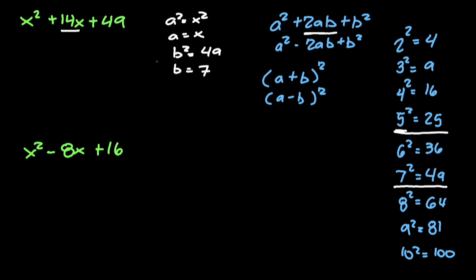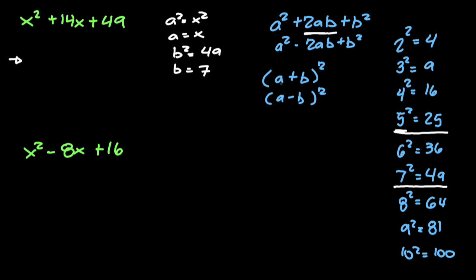And now let's confirm the middle term, whether it is 14x. So 2 multiplied by a, which is x, multiplied by b, which is 7. 2 times 7 would be 14, and multiplied by x, it would be 14x, which matches this middle term. So we know that it is a perfect square trinomial.